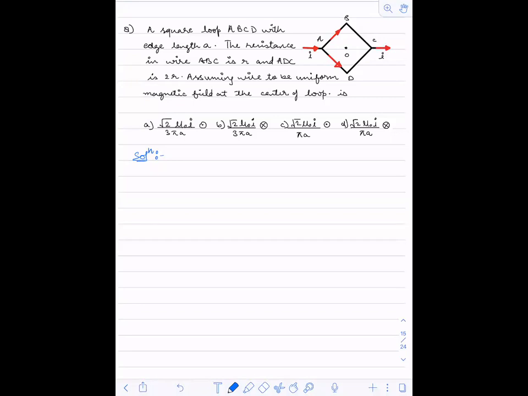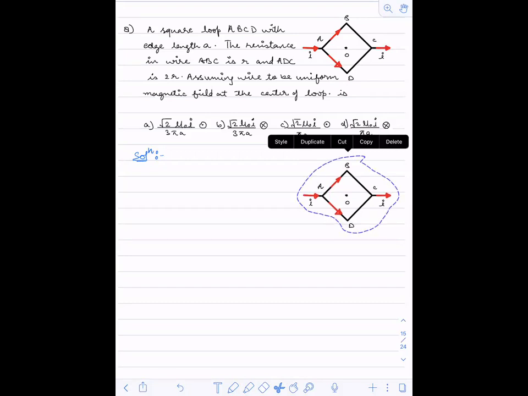So the current in the part ABC: ABC has a resistance R, ADC has a resistance 2R, so the current will be divided correspondingly.